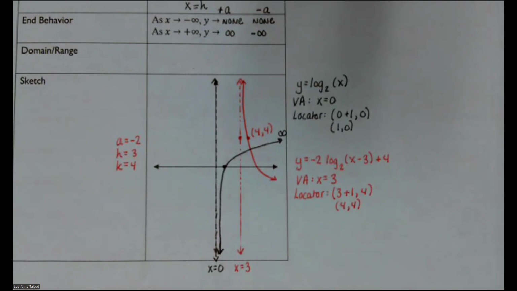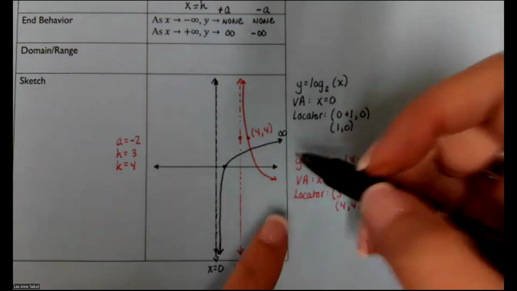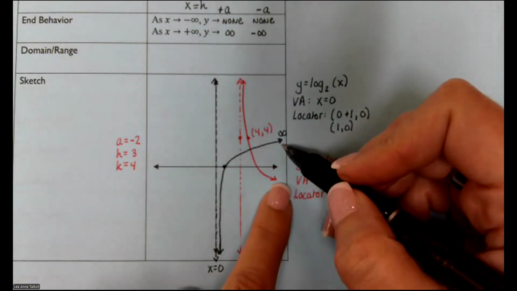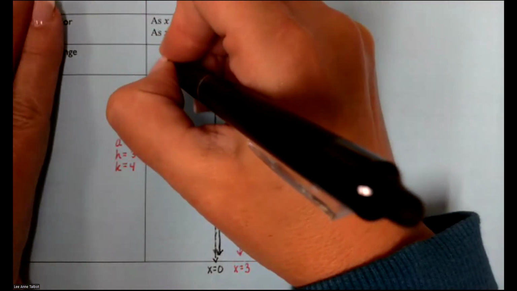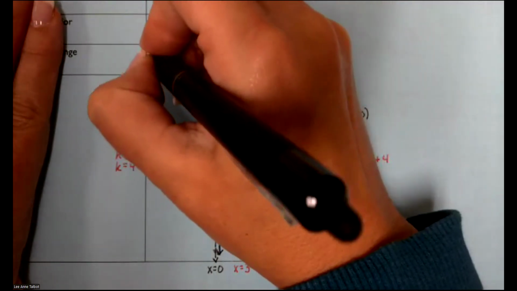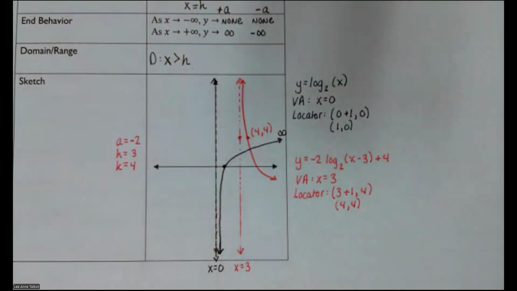Okay, now I wanted to wait to do domain and range after we had both graphs up there. Can you tell that both of the arrows are pointing to the right? Okay, so that means your domain is x is greater than h for all of them.